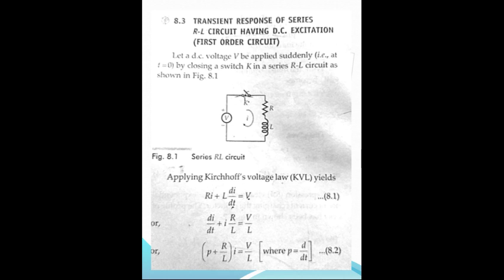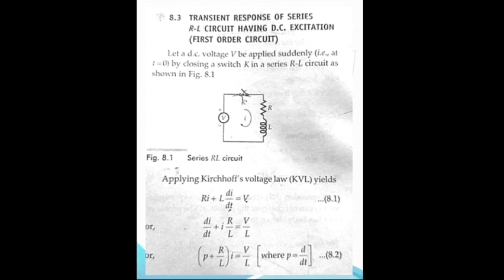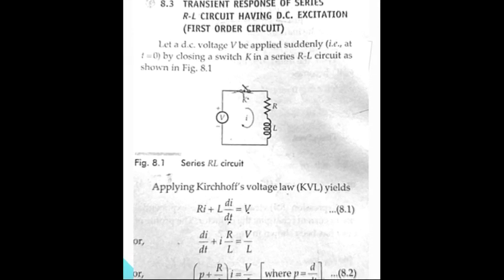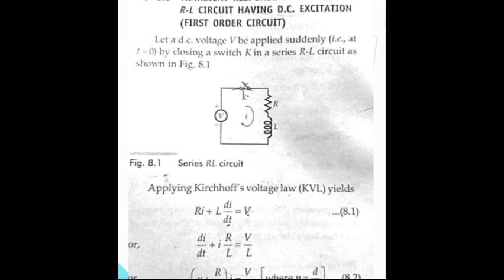Now, response of a series RL circuit with DC excitation. In the given circuit, there is a DC source which is supplying to an RL circuit. Voltage is V. At t equal to 0, by closing a switch K in a series RL circuit, a current i ampere flows in the circuit.